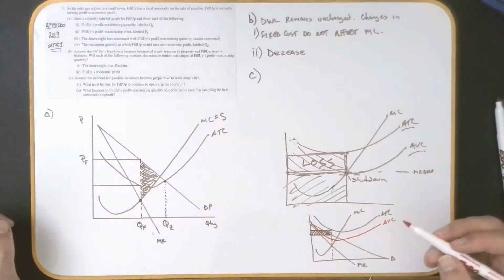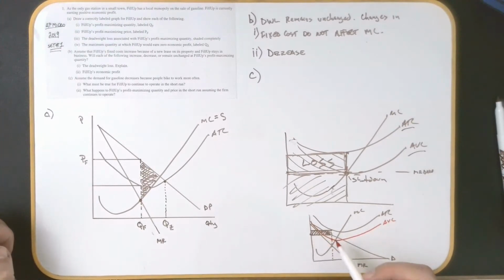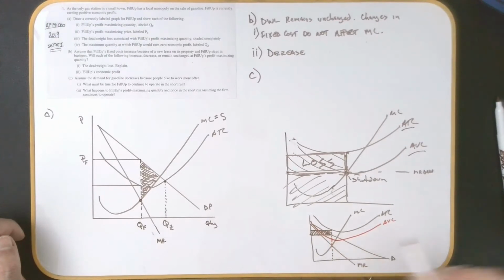Because if your fixed cost is between the two curves and over, it would be that rectangle. But you can see, as long as you're above your AVC, yes, you're still losing money, but you're losing more if you wouldn't open at all. So it's whether or not your MR equals MC quantity is above AVC.